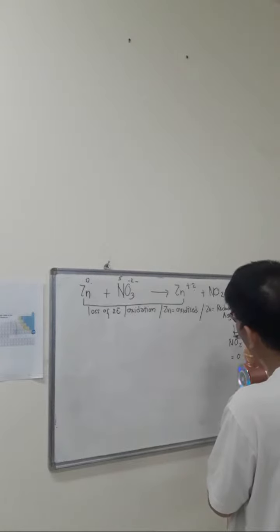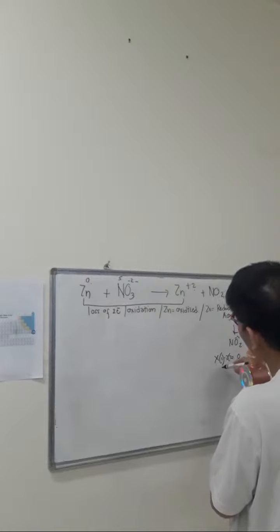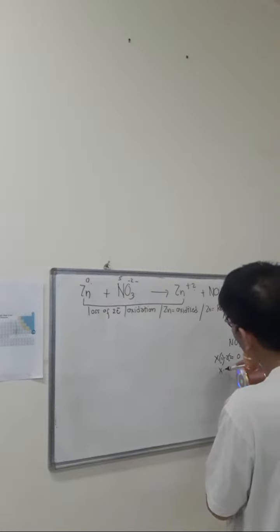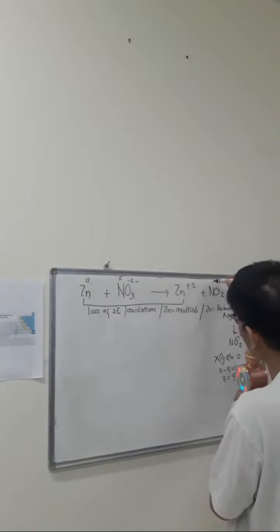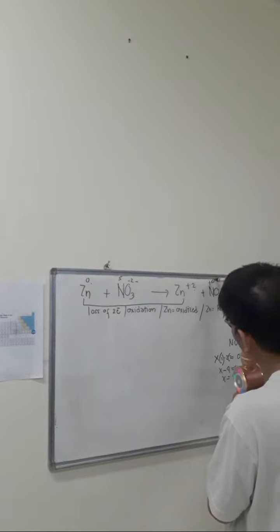Nitrogen is x, that x is the oxidation state of nitrogen, so x times 1, plus oxygen, negative 2 times 2. 1 times x, negative 2 times 2 is negative 4, equals 0. x equals 4. The oxidation state of nitrogen here is 4.